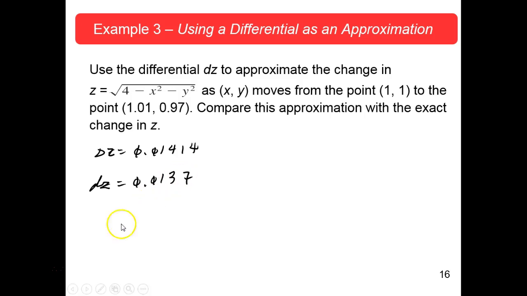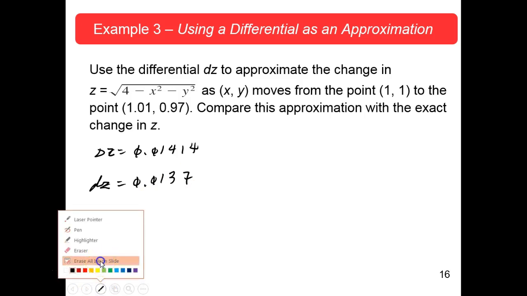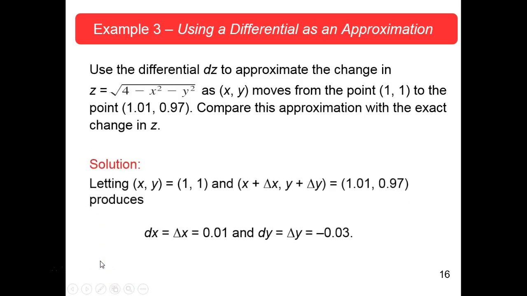So that's how we did it. Let's just see how they did. Okay? The x, y is 1, 1, and the x plus delta x, y plus delta y is 1.01, 0.97. So your dx, which is your delta x, is 0.01.